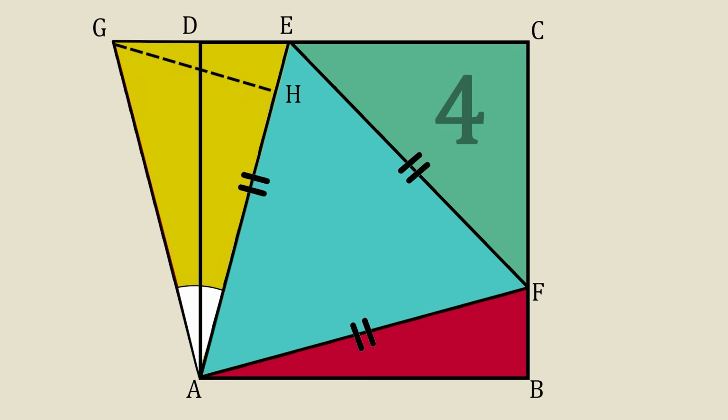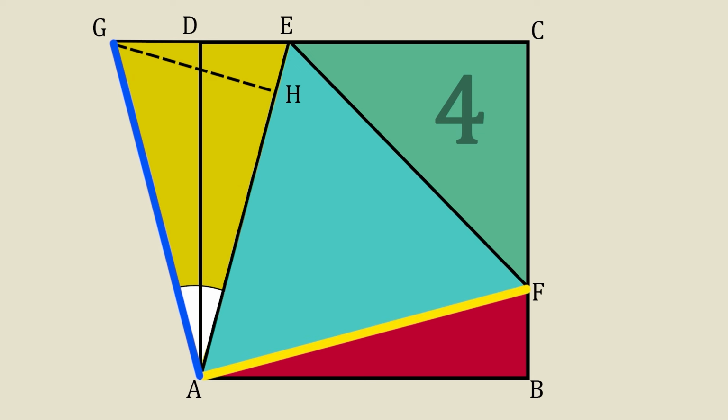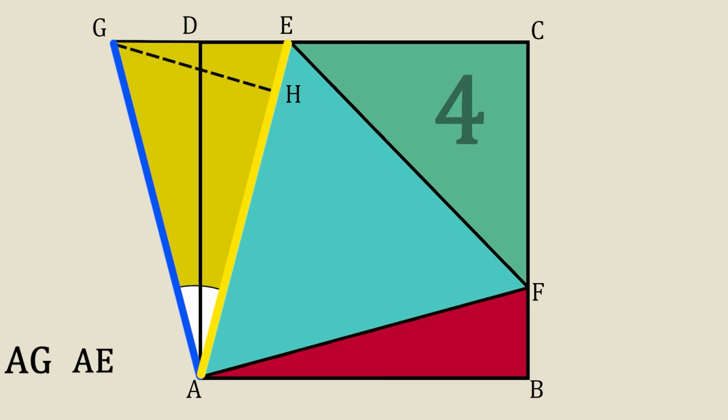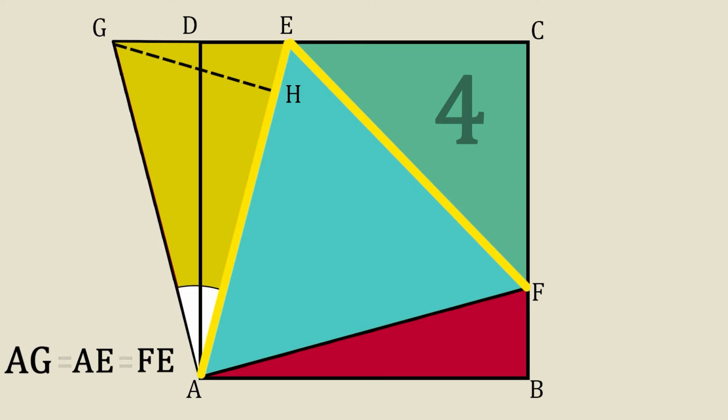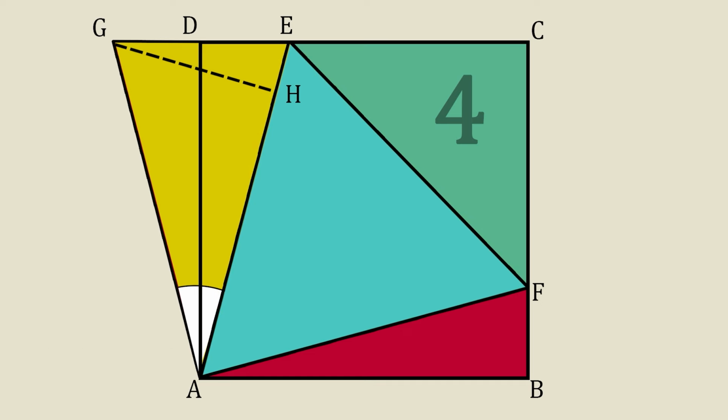We know AFE is an equilateral triangle, so all its sides are equal, and our rotation made AG equal to AF. Therefore, AG, AE, and FE are all the same length. We just found that the height of triangle GAE is AG divided by 2.